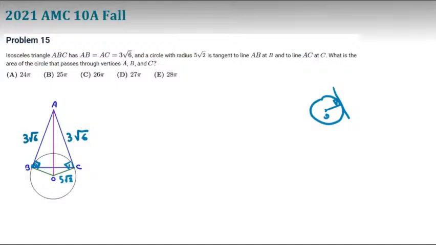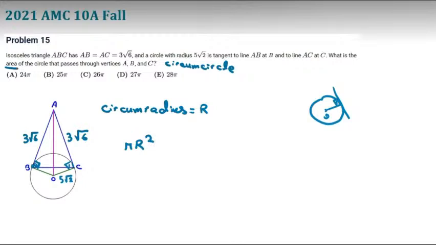Okay, ABC. So the circle that passes through ABC, we call it circumcircle. And the radius of that circle, we call it circumradius, which is R. So the answer, because it wants to find the area of that, is pi r squared. So we should find r.